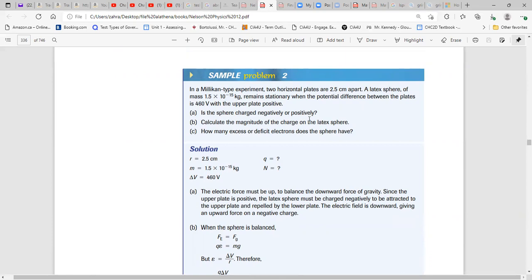So it depends on what we do. The electric field must be up to balance the downward force of gravity.